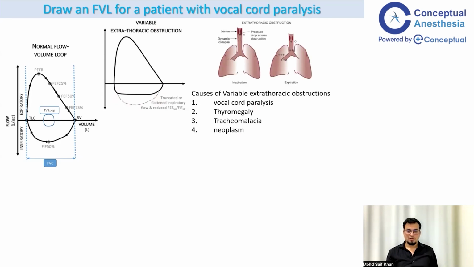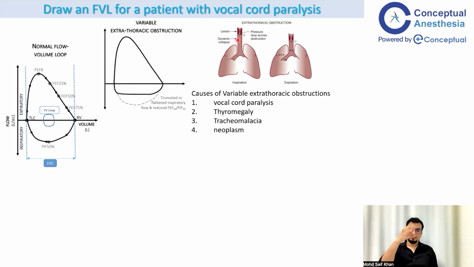Okay, one more thing. So this is interesting. What happens during inspiration? When you inspire against an obstruction, inside or outside, extrinsic or intrinsic obstruction, there will be Bernoulli's theorem and there will be a drop in the pressure post obstruction. Okay, so the flow will be fast because there is a narrowed orifice.